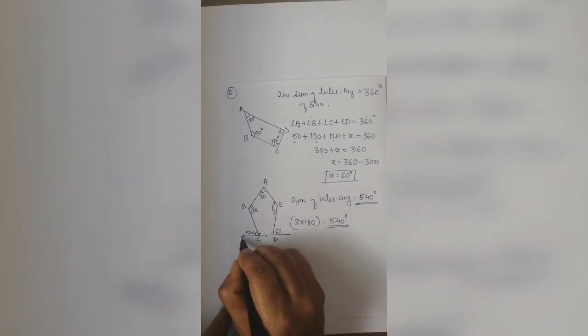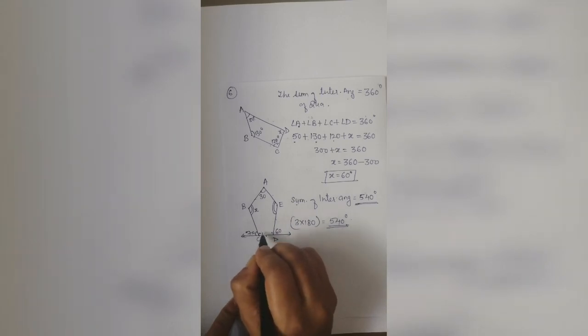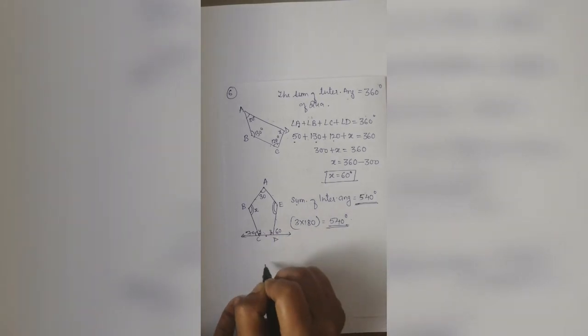Okay, now this is the line, and on that line these two angles are formed. Suppose I give the name Y to this one, and Z to this one.